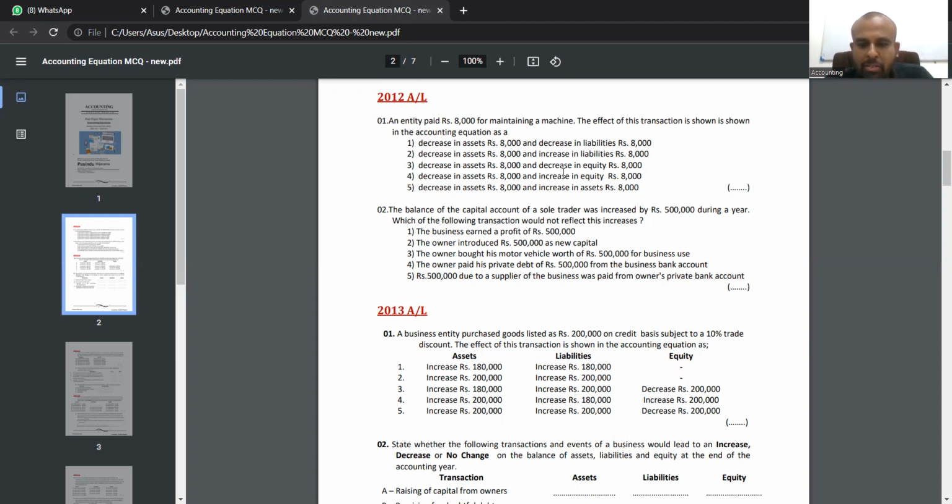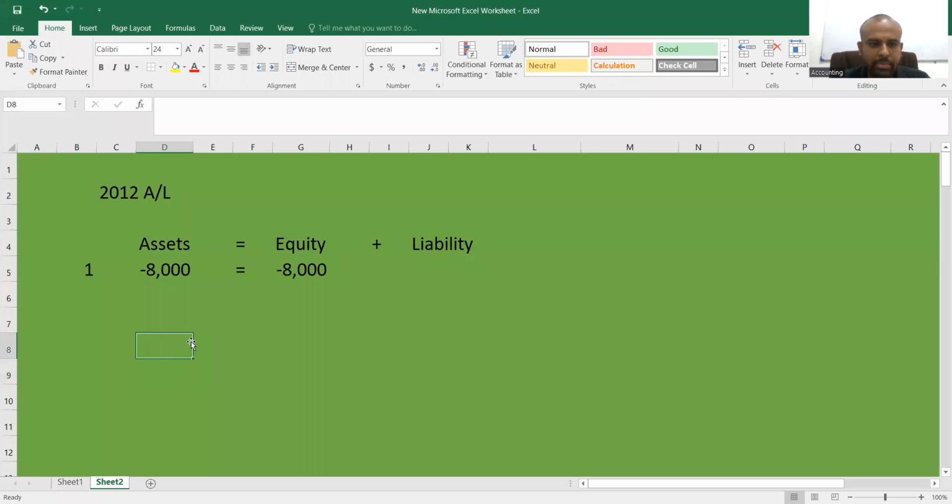Okay. Look at the next question. The balance of the capital account of a sole trader was increased by 500,000 during the year. Which of the following transactions would not reflect this increase? Right. This was the other question. Putha, the equity balance was increased, right? What will not be the transaction that has that particular influence?